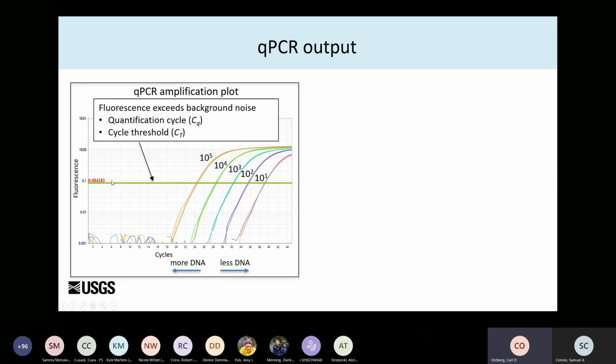This is the point where fluorescence generated by the PCR product is reliably detected above the background noise fluorescence. There's going to be background noise fluorescence, and in order to differentiate background from true product, we set a threshold.